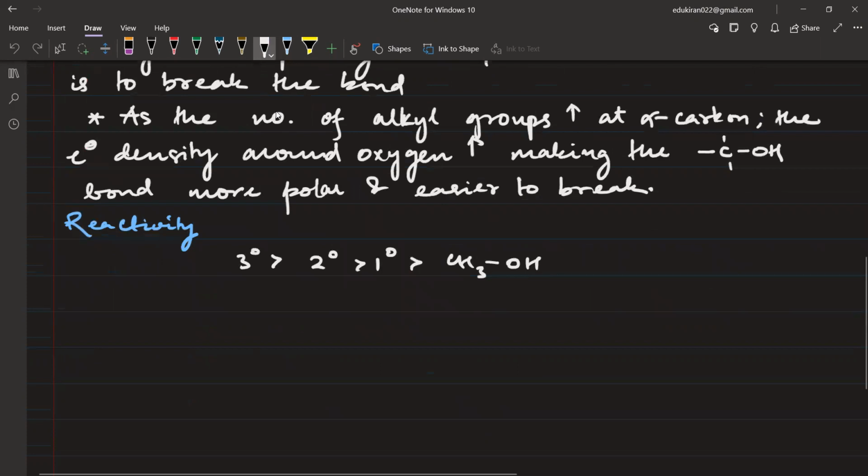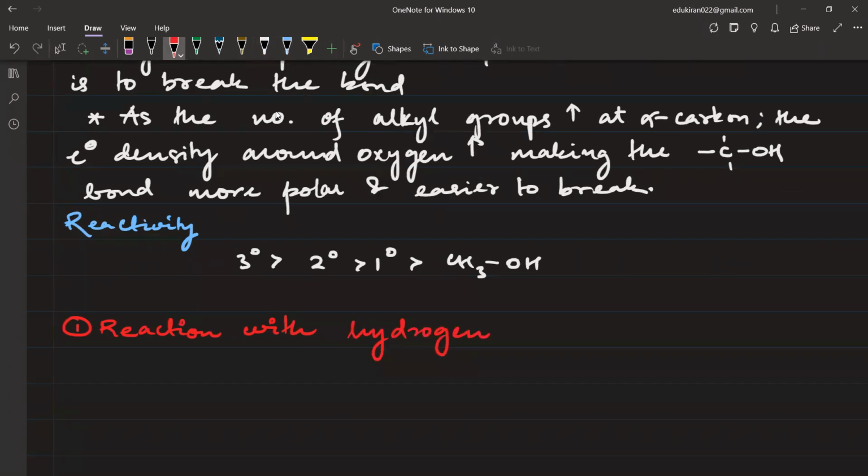Right, next, reaction with hydrogen halides. First type of reaction here is reaction with hydrogen halides. Now we have seen this reaction already in the preparation of haloalkanes.